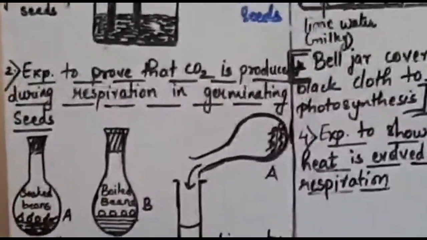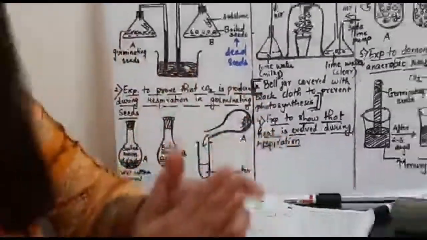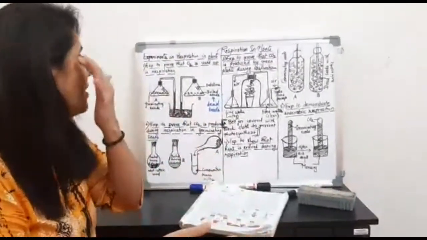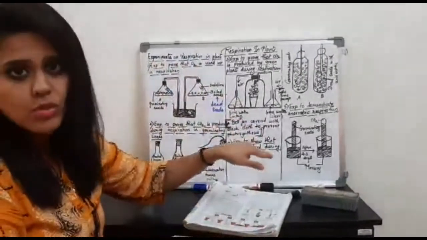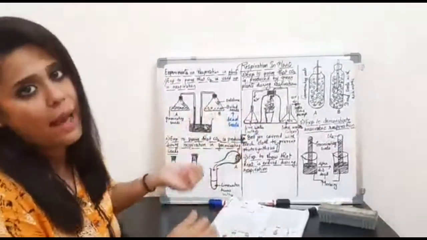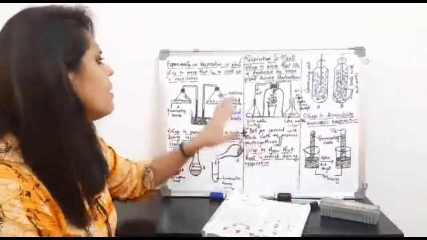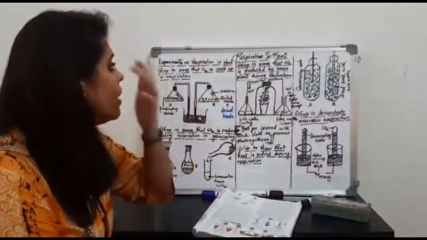Okay, so I hope these two experiments are very clear with you all, showing that oxygen is used by germinating seeds and carbon dioxide is released by the germinating seeds. Very simple.